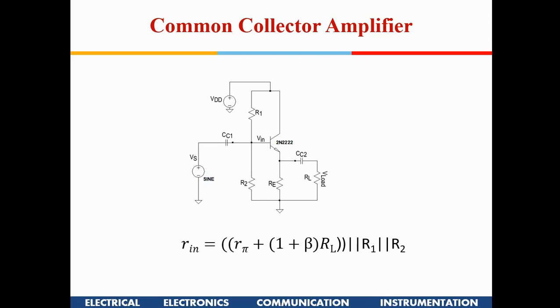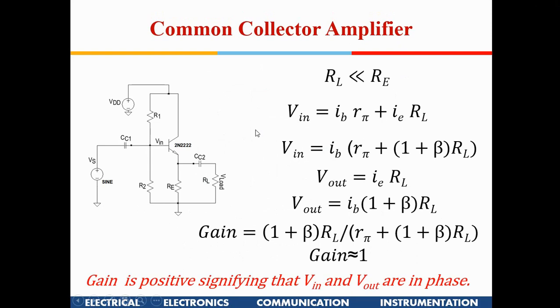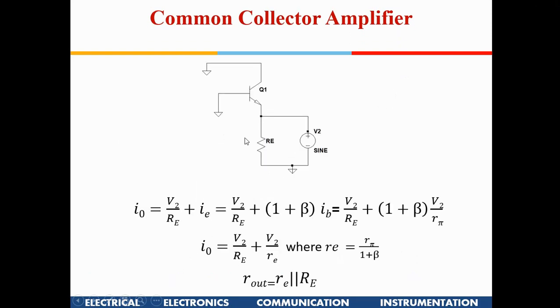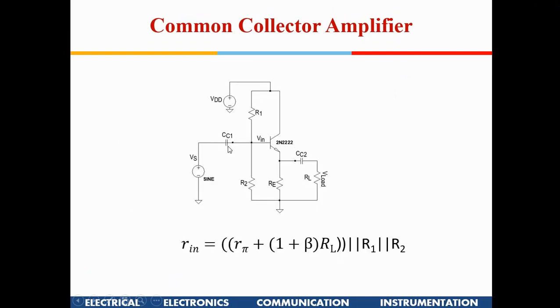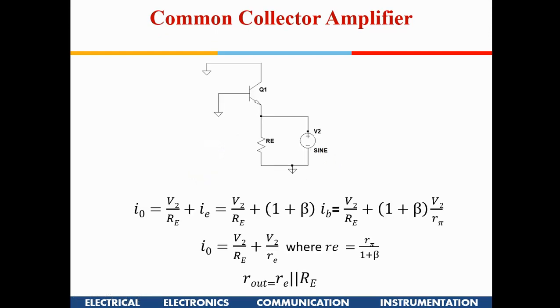It is not that you should not consider R1 and R2, sorry for this. Because this capacitance is grounded and this source is also grounded, the ground has come from here. Okay.